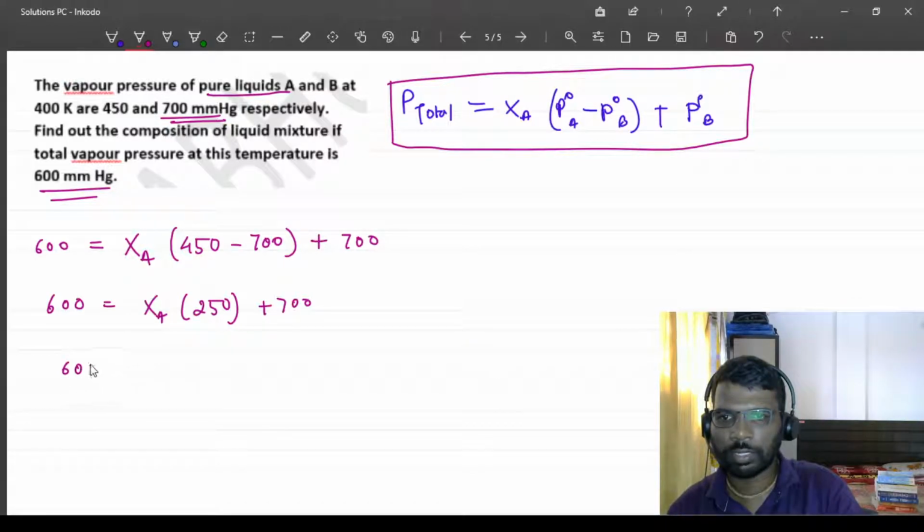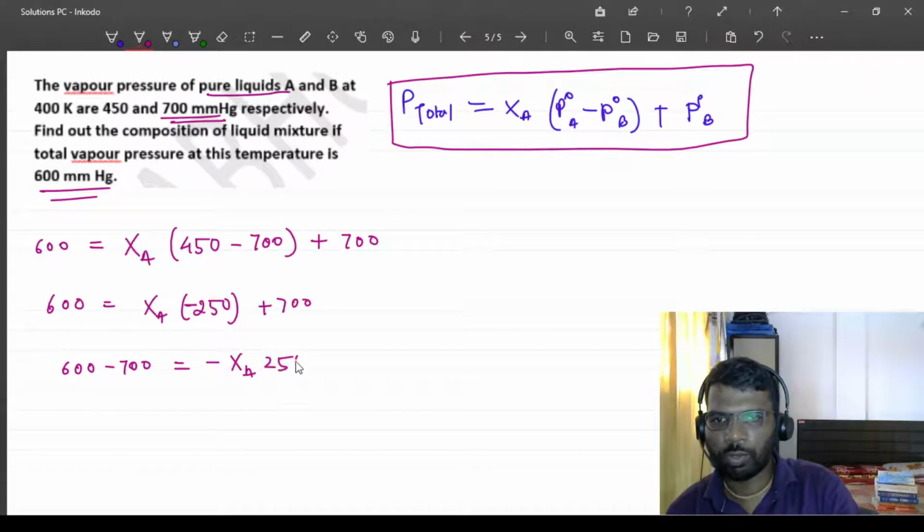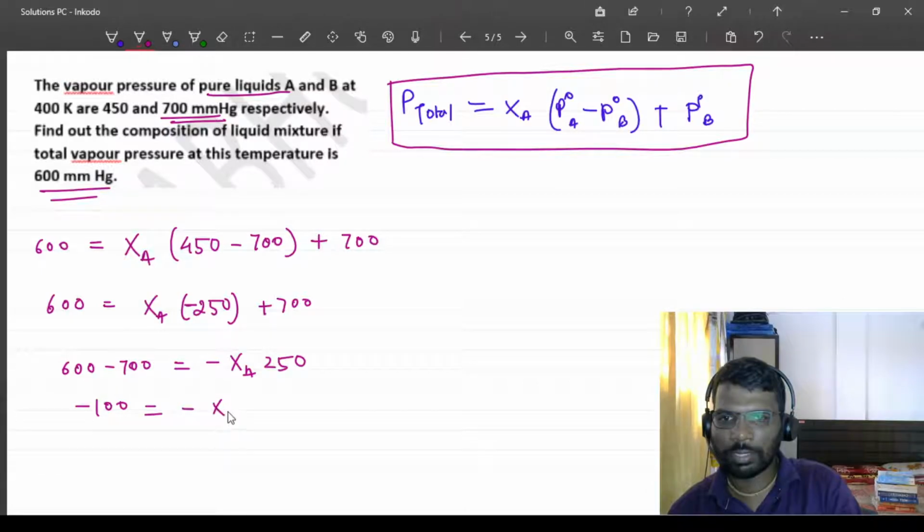It is 600 minus 700 is equal to, this is minus, no? It will come negative, minus 250, right? Together I can write minus xA times 250. So here it will be minus 100, which is equal to minus xA times 250.